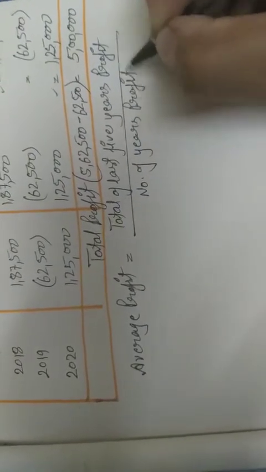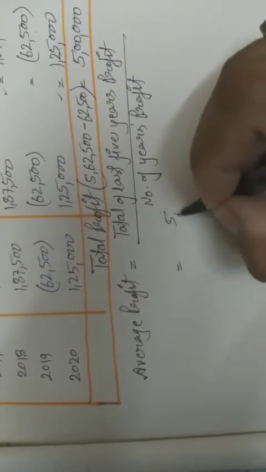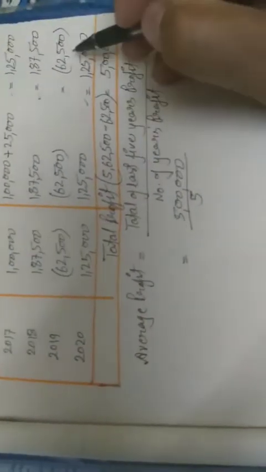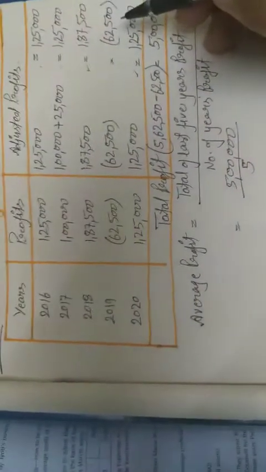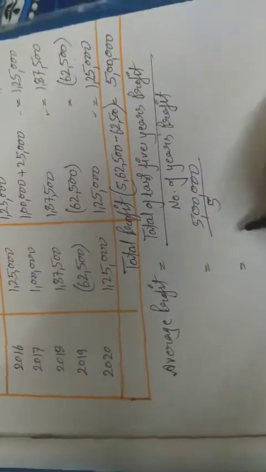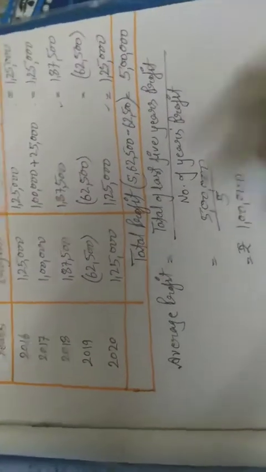Profit is equal to 5 lakh. It is the total profit and number of years is 5. It doesn't matter it is a loss, so we will not exclude it from the number of years. So we will calculate this one also. So it is equal to 1 lakh of rupees average profit.